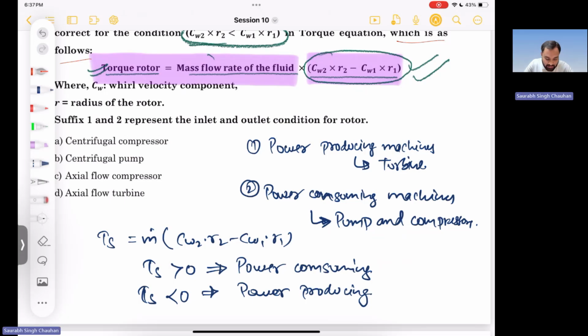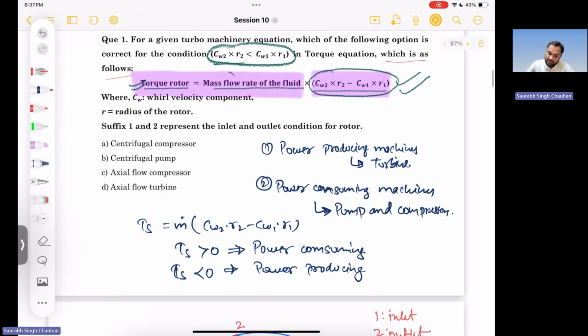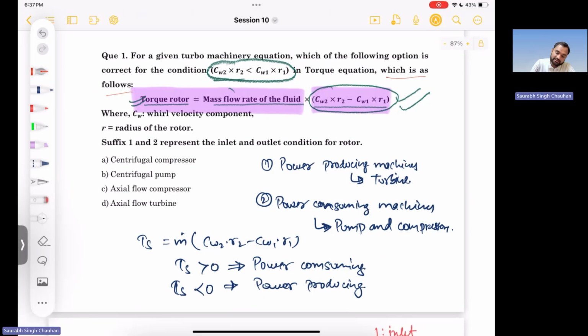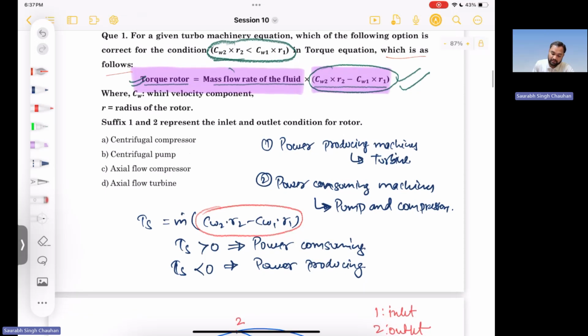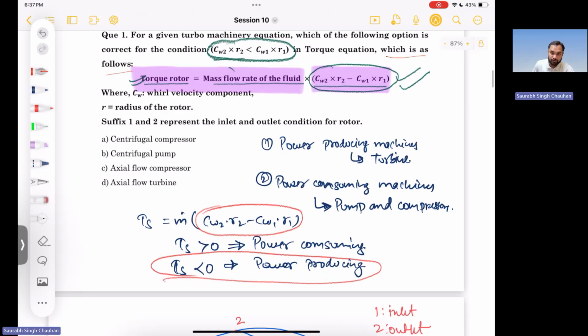So in our question, it is given that CW2 R2 is less than CW1 R1, so this term will be negative. And when this term is negative, we have power producing machines.